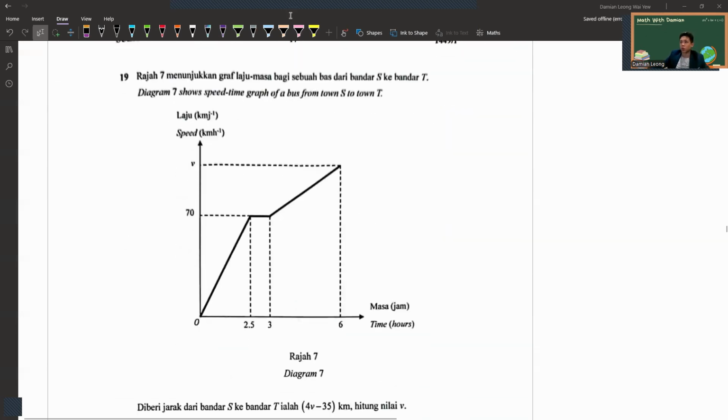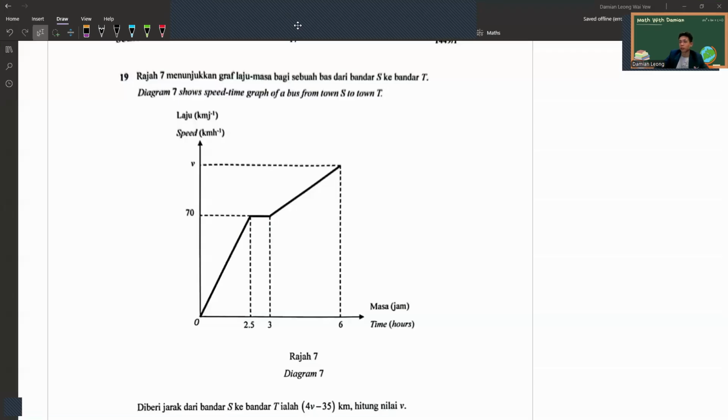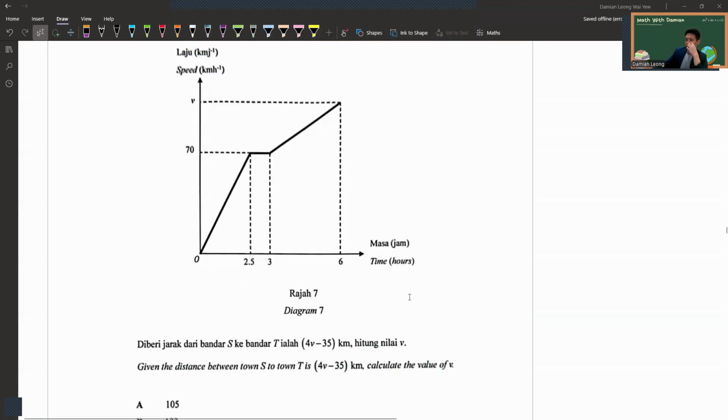Then, question 19. Diagram 7 shows a speed against time graph of a bus from town S to town T. So I have the speed and time here, and I want to find V. Given the distance from town S to town T is 4V minus 35 km. Distance is the area under the graph for a speed against time graph, so we just need to find the area of this graph.